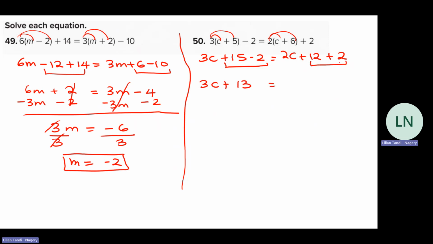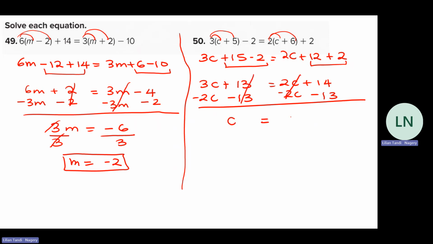This becomes 2c plus 14. Then subtract 2c, subtract 2c. Subtract 13, subtract 13. This goes away and that goes away. c equals 1. There is our answer. Okay?